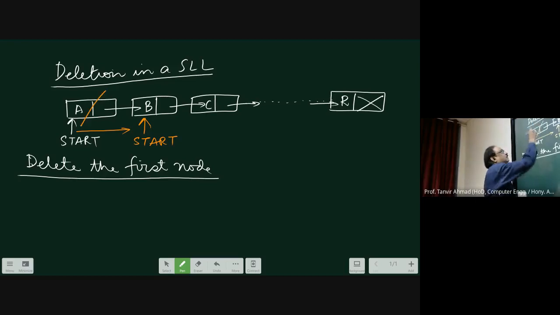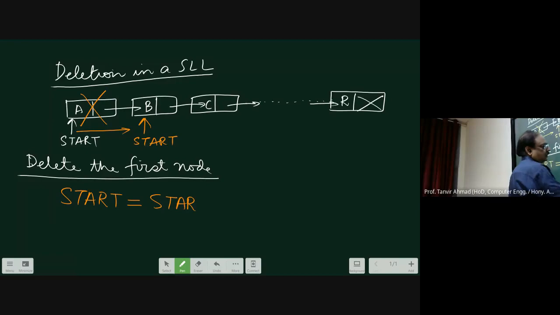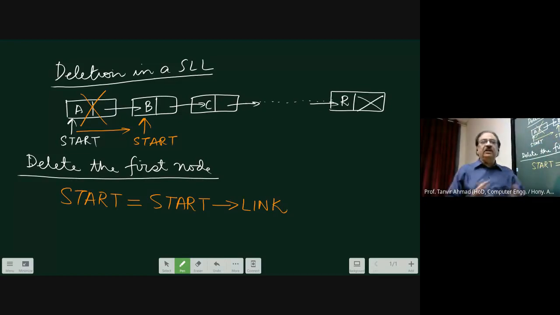It will be just one line: start is equal to start of link. If you write this line, it is sufficient to delete the first node.